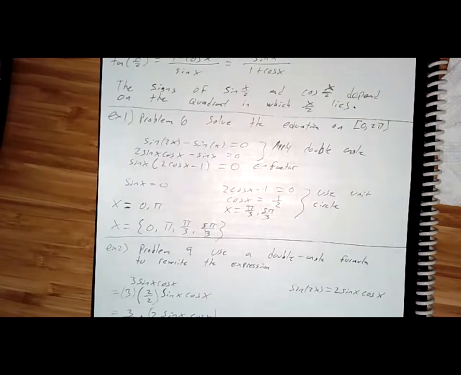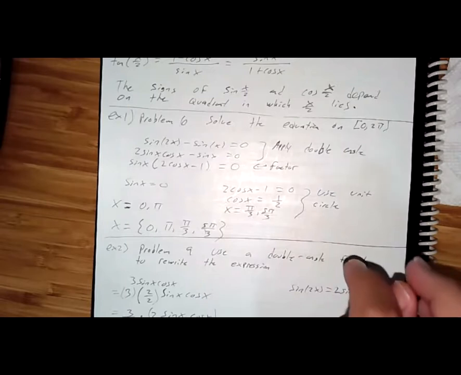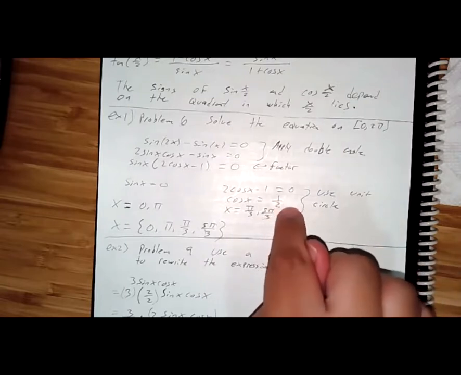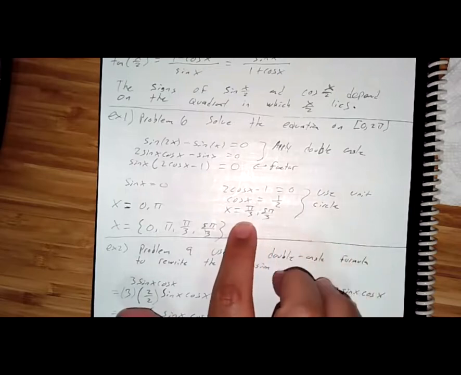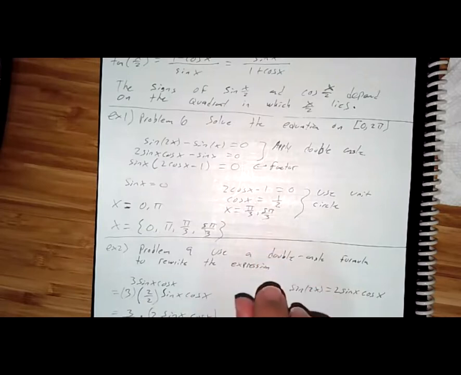I have the circle in front of me, but I'm still kind of lost about where the 5 pi came from. So look at the circle. What angles have an x value of 1/2? 60 degrees, right? Which is pi over 3. Yeah, right. And the other one? 5 pi over 6.